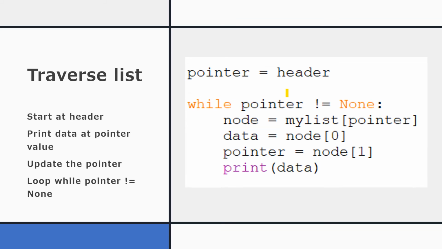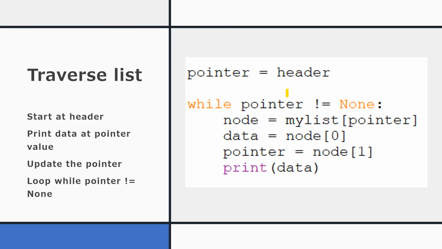So here's how we would do it. While the pointer doesn't equal none, so in other words, until we reach the end of the list, the node is mylist at the pointer, the data is the first value in the node, and the pointer is the second value in the node.